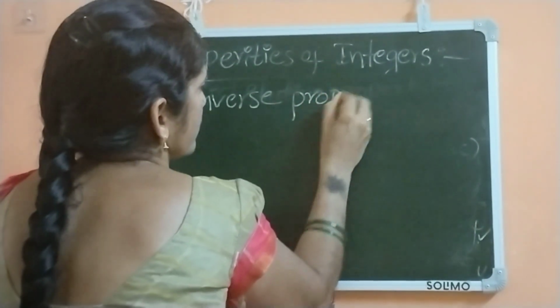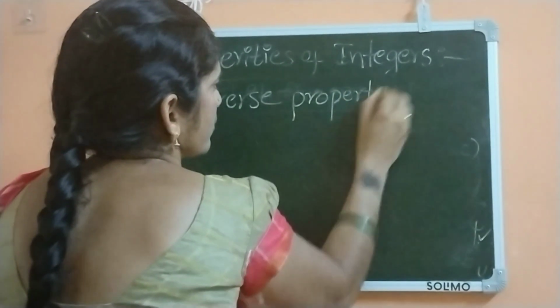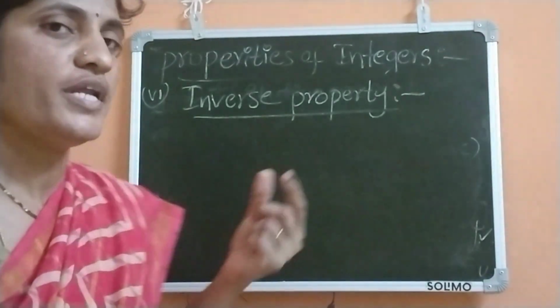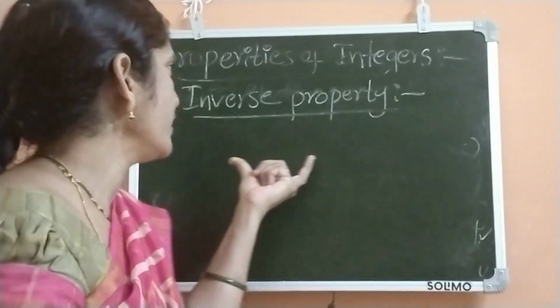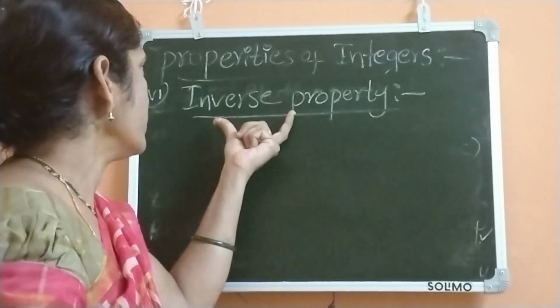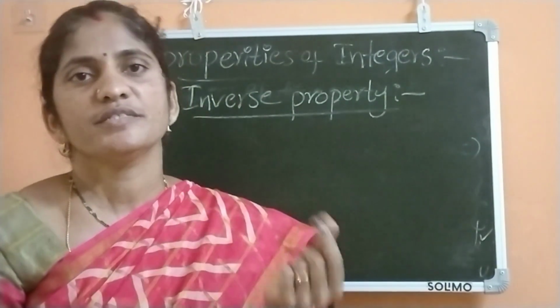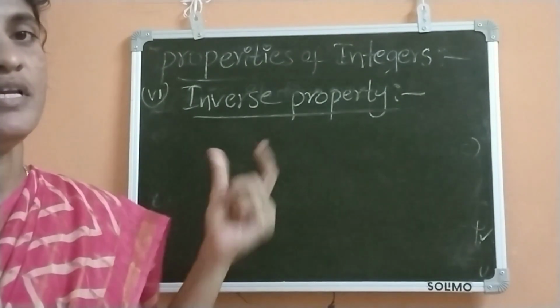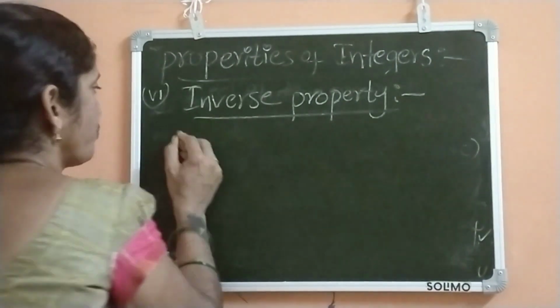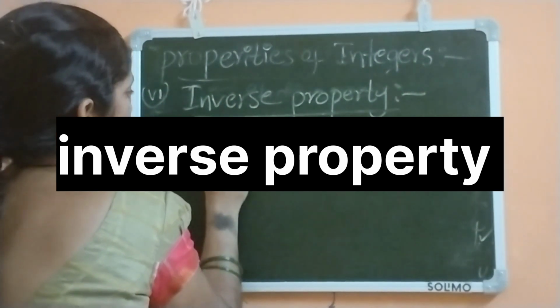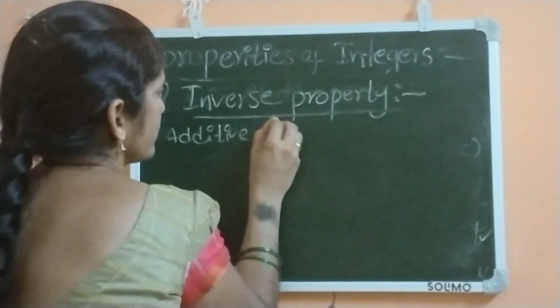In this inverse property also we are going to check multiplication and addition. The inverse property and identity property are similar to each other, and in these two properties we are going to check addition and multiplication only. So the first one is additive inverse.